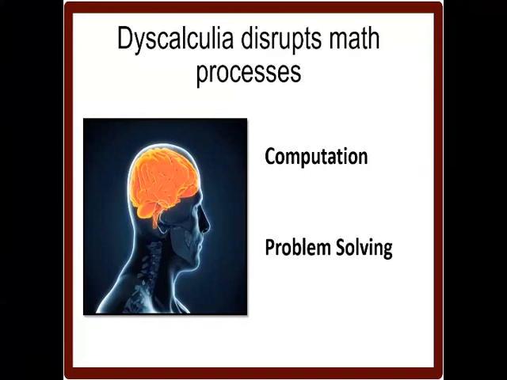And in reading, we talk about something called fluency, right? A person's ability to read rapidly and accurately and with few mistakes. Well, in math, we have the same thing. Math requires you to have fluency, so that can be an issue. How about problem solving? Now, problem solving is a biggie.